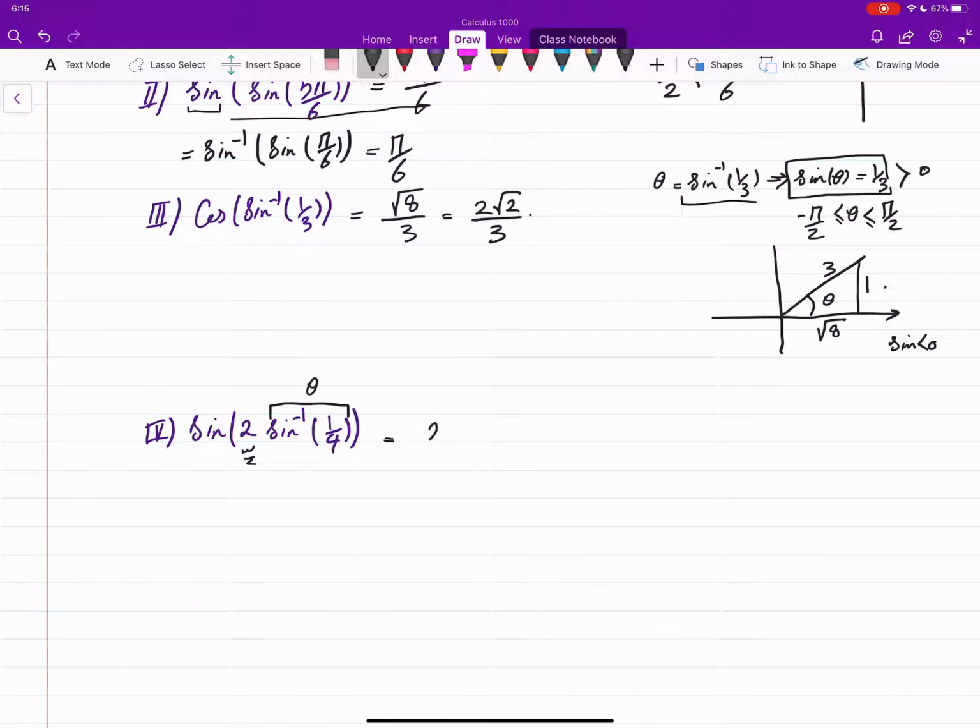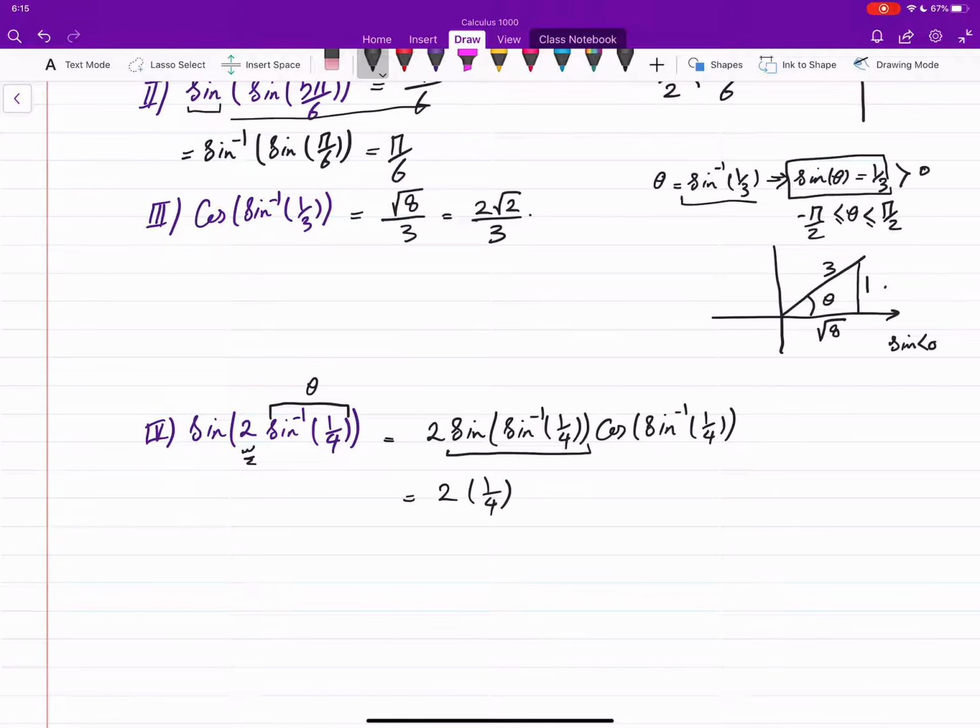You can write this as 2 sine of sine inverse 1/4 times cosine of sine inverse 1/4. And now you see that this is sine of sine inverse. That will give us 1/4.